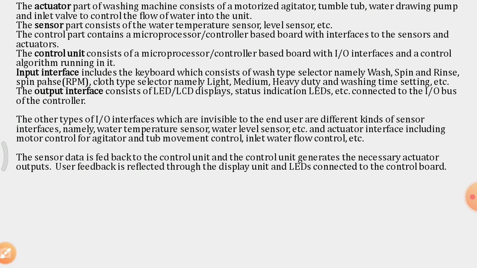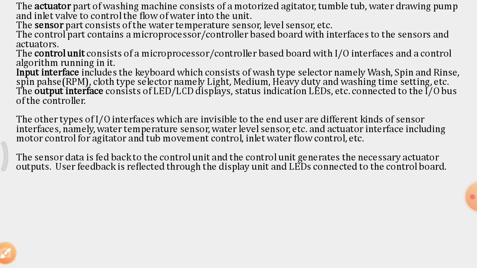Then, by taking the input commands from these interfaces, the controller acts upon the control algorithm. The output interfaces consist of an LED or LCD to display the status of the washing machine, and status indication LEDs, etc., connected to the input output bus of the controller.